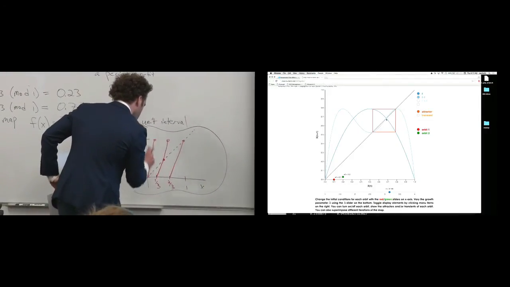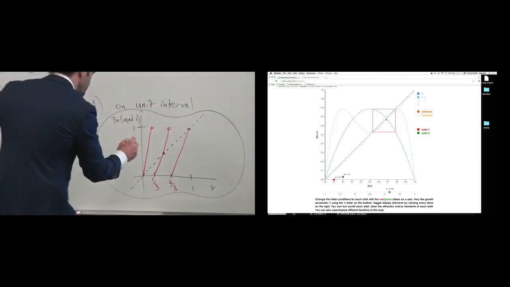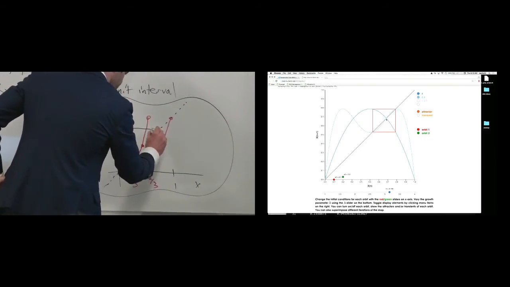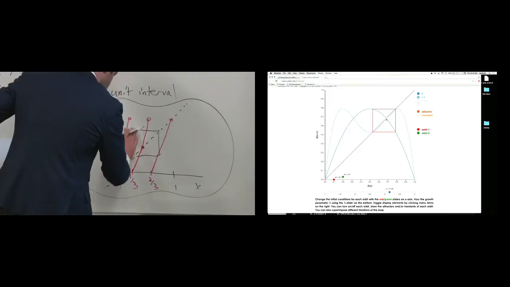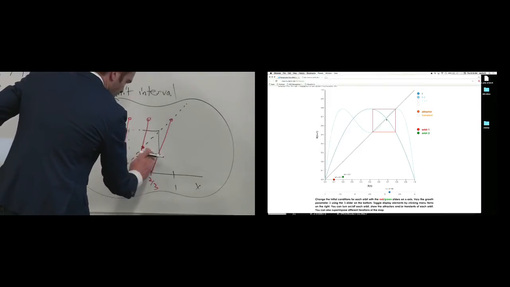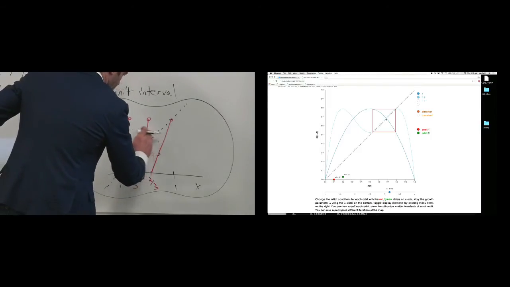So I'm probably going to mess it up, but we want a square. Oh, what am I doing? Vertical line. Yeah, I knew I was going to mess it up. Let me try again. On your paper, find a quarter and 3/4.